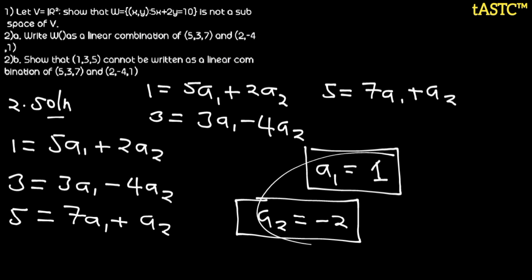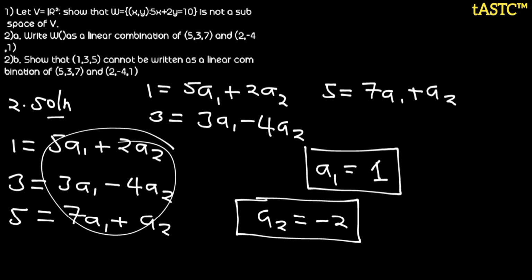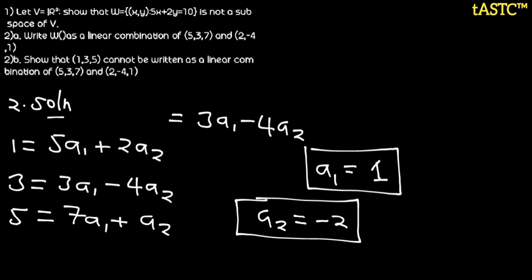So we're going to use these answers and plug them into each equation. If the left hand side is equal to the right hand side, then it works, so that would truly mean that this vector is a linear combination. If it does not work for any of these equations, then that means that this is not a linear combination of the two vectors. So let us start with the first.